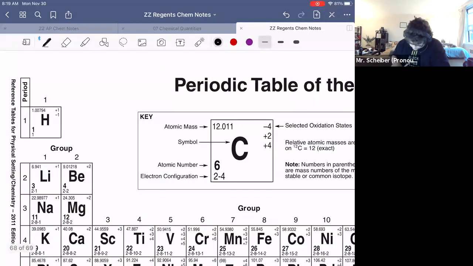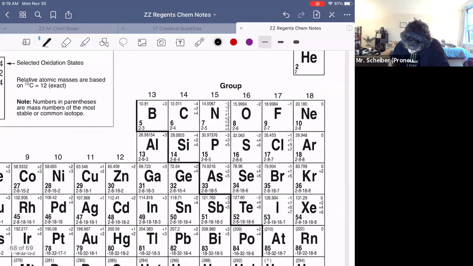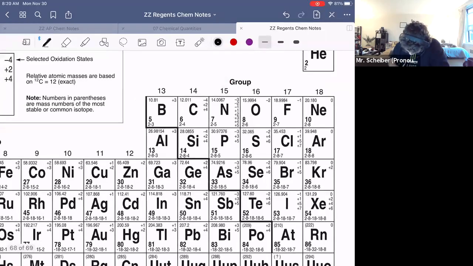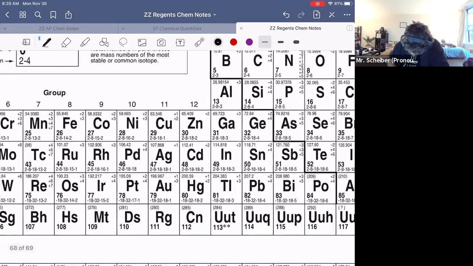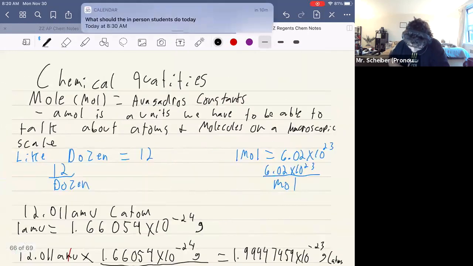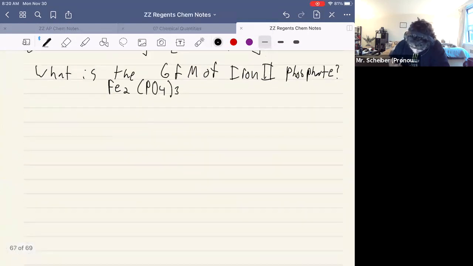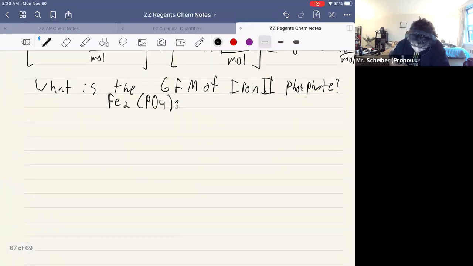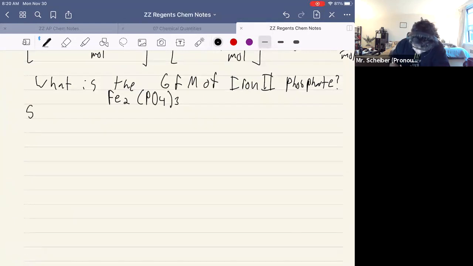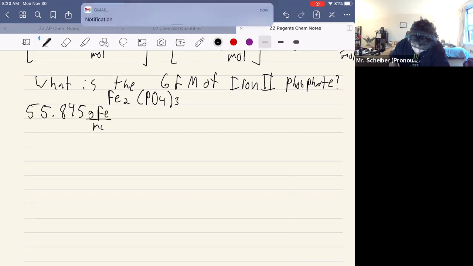So, iron, 18, nope, that's fluorine. Iron is 55.845. So we have 55.845 grams of Fe per mole times 2.